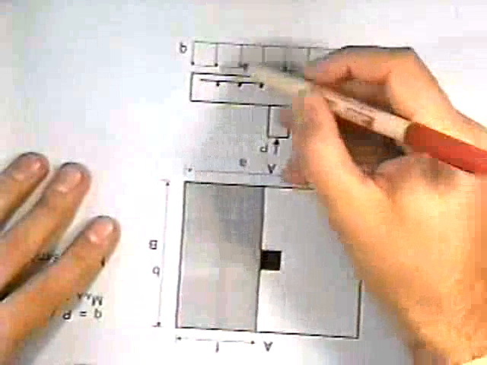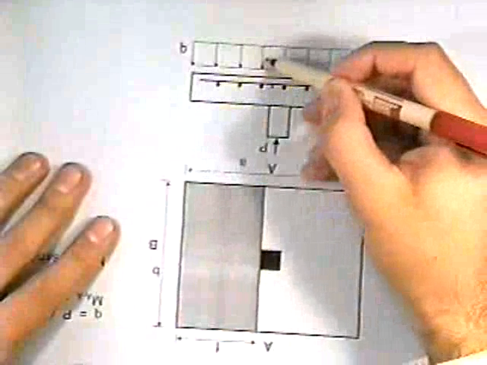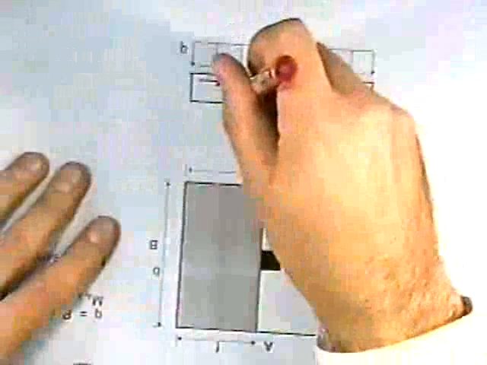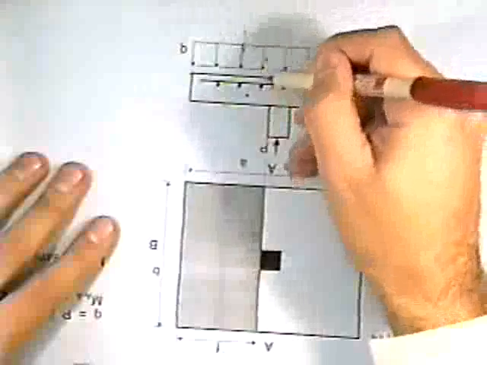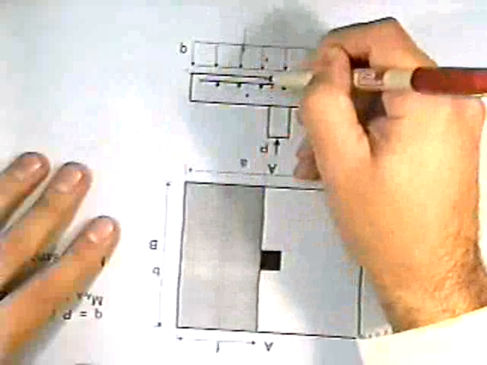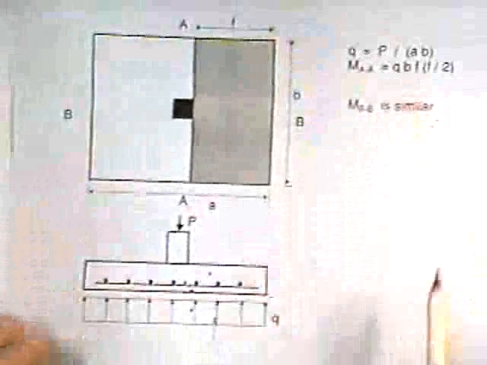So what is the moment? It's the uniform loading times this length times the width in and out times its moment arm. The force is concentrated at a distance of half of this. So let's flip it back this way now.